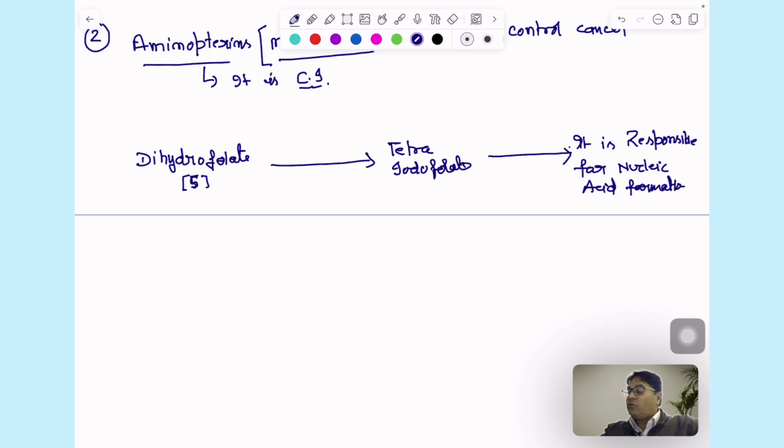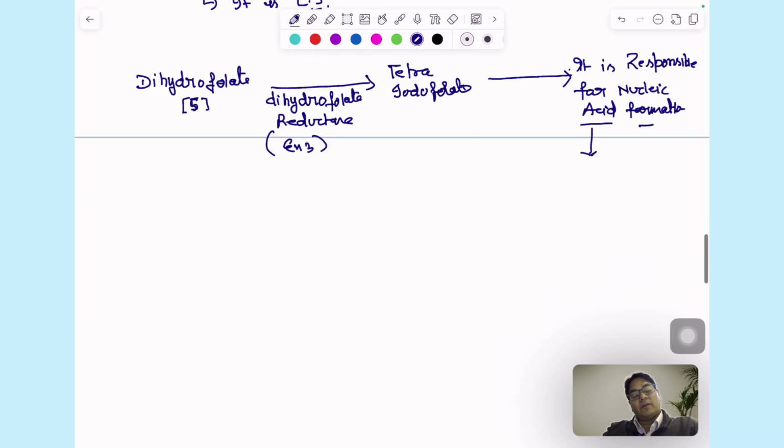Alright, so what we notice here is there is an enzyme, dihydrofolate reductase, which does the first reaction. So this is the enzyme which carries out the reaction, that is the conversion of dihydrofolate into tetrahydrofolate. This tetrahydrofolate is responsible for nucleic acid formation, and the nucleic acid which is formed in extra quantity is responsible for cancer.